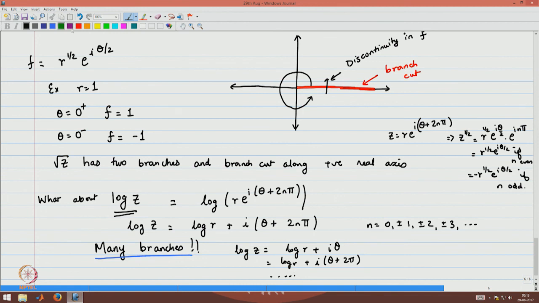And the branch where you take n equal to 0 is called the principal branch of log z, okay.